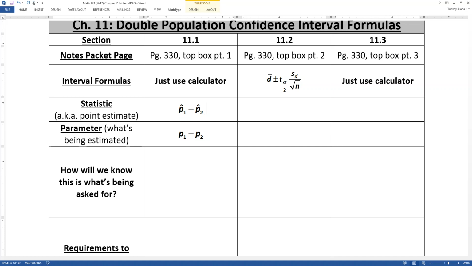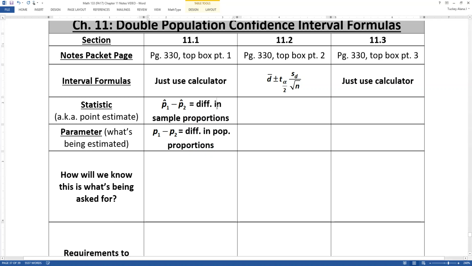You're using that to estimate where you think the difference in the population proportions is. And that difference is what you're trying to get a handle on, because you don't really know what it is, you just know where you think it is.